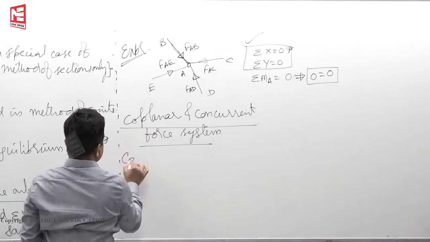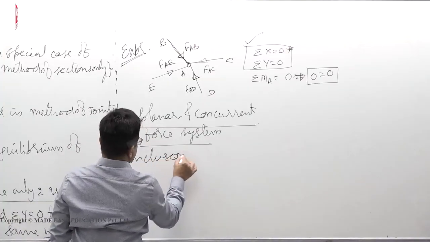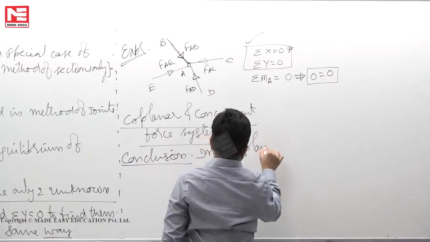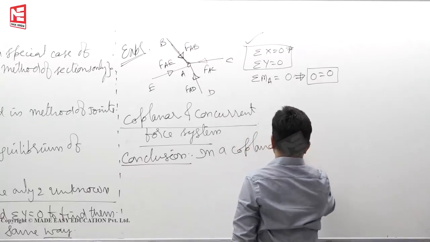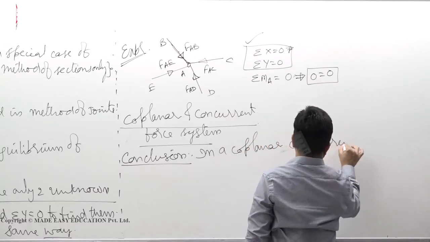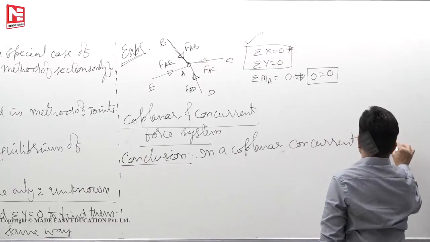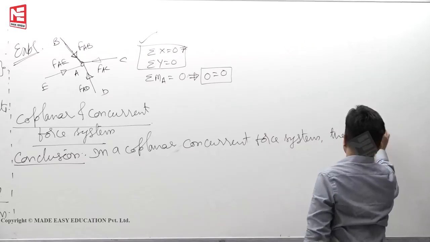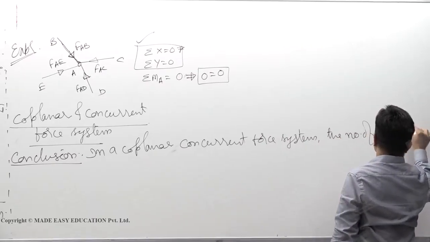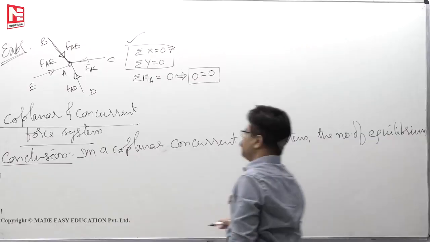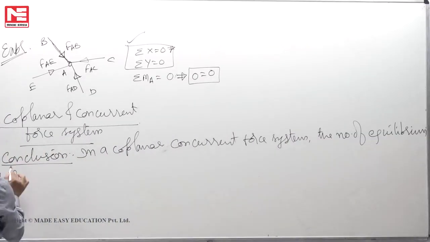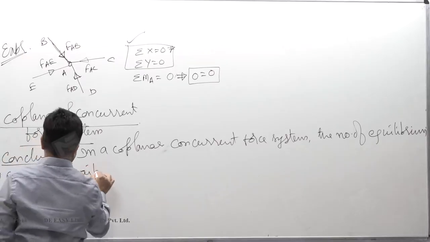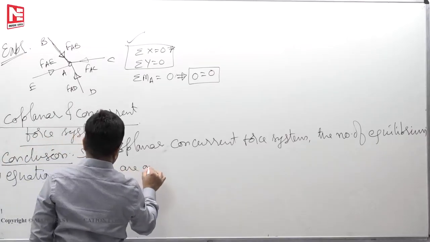So, we can write, in a coplanar concurrent force system, the number of equilibrium equations available are only 2.